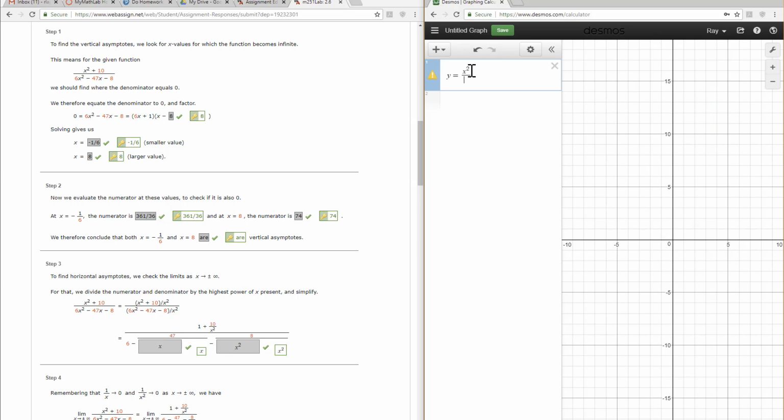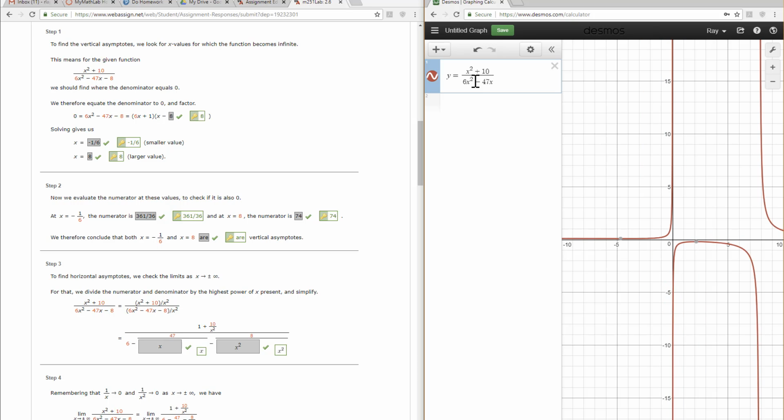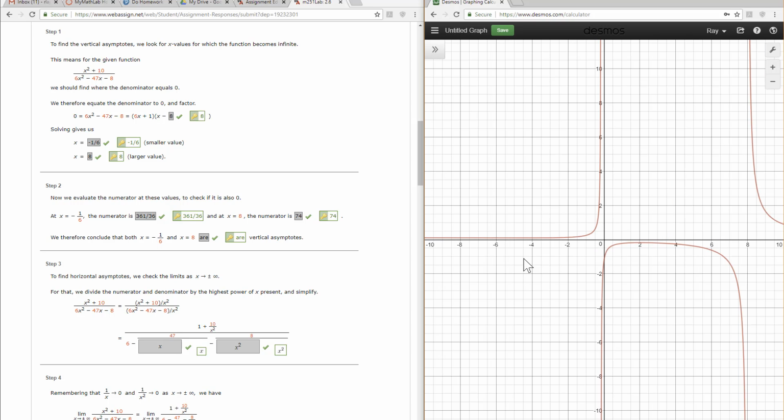I'm going to put that fraction bar in here first, and then I'll put the plus 10. Alright, so the denominator is 6x squared minus 47x minus 8.